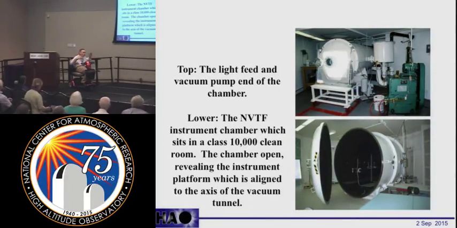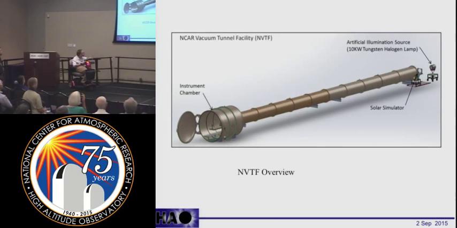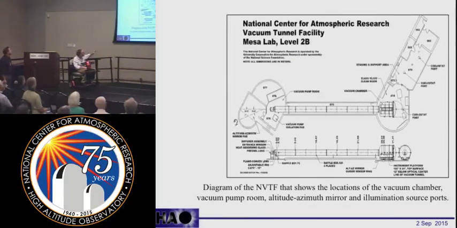I hope that at some point it can be the magnificent facility again that it once was. Next slide. Just a little more on the layout. Next slide. You can look at that outside later.